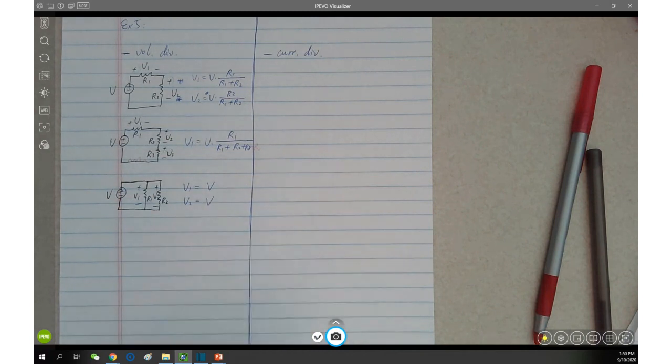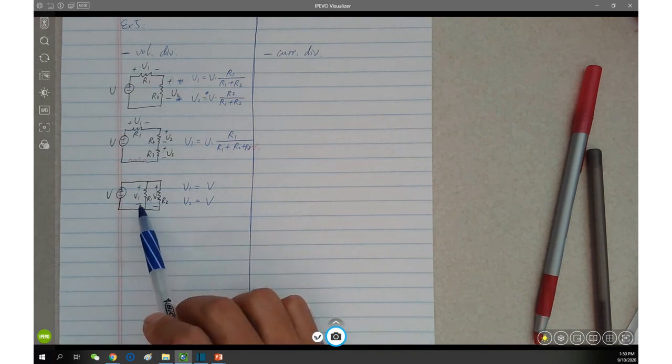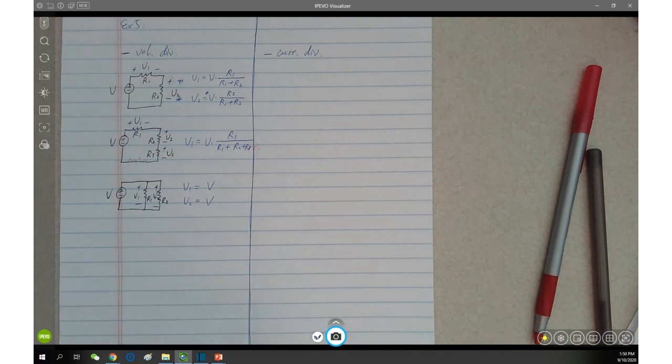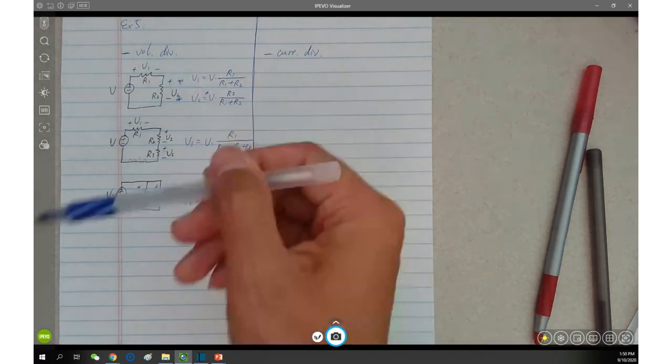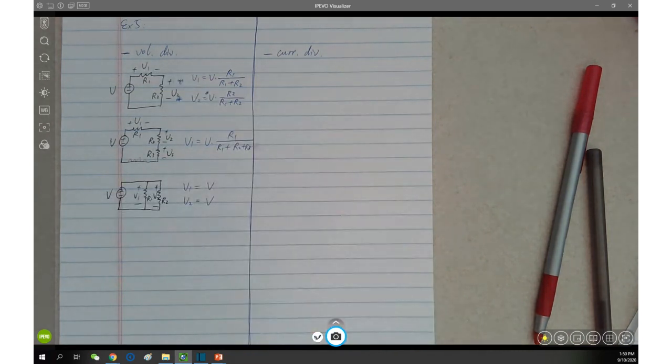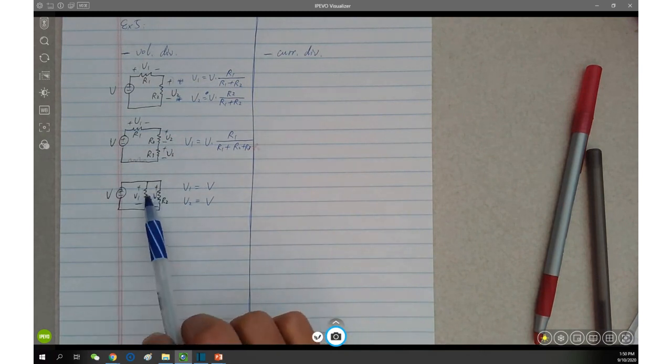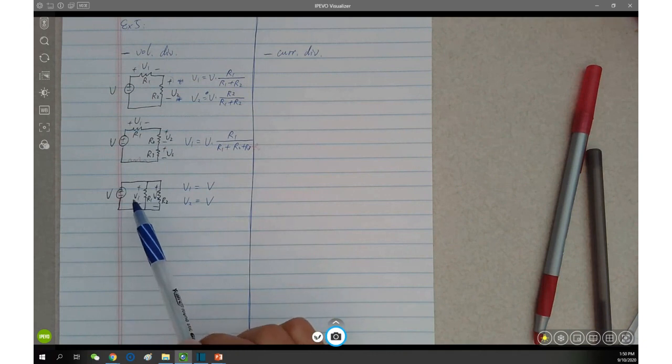This is actually not a voltage divider at all. It's a tricky question, a little bit tricky. But I'm mixing this circuit with the rest of the voltage divider, trying to make it easier for you to differentiate. Okay. Yes. Don't be confused. This is not even the voltage divider. In other words, the total V is not shared by V1 and V2.